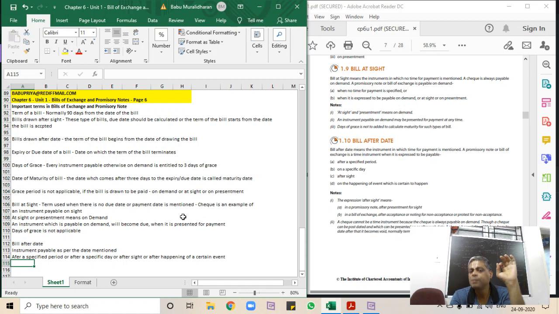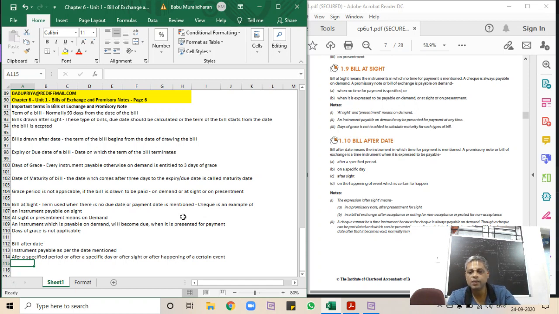Though a check can be drawn with a post-dated date, it still becomes an instrument of demand from the date it is drawn. A check is drawn on the date it is mentioned there. So the check becomes payable on demand from the date of the instrument.